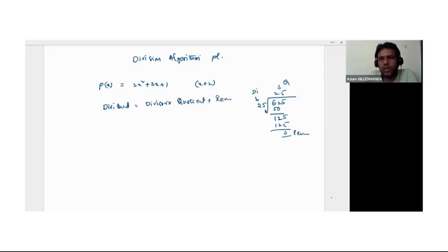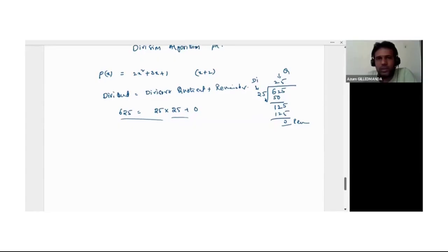You would have learned this in primary school. So here 625 is the divisor 25 into the quotient 25 plus the remainder 0. The same division principle applies to polynomials also. Okay, so let's look at how to do this.